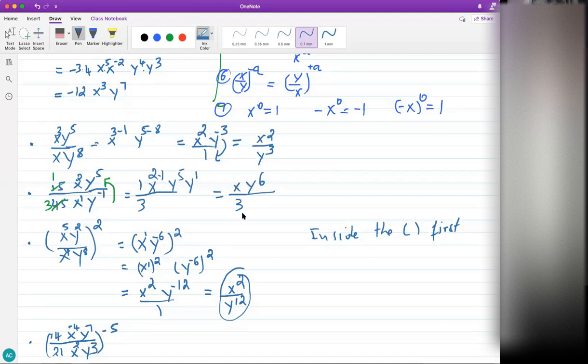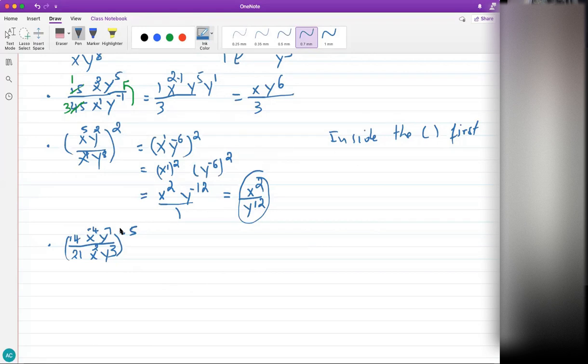Once we do that, we still have our power outside, the negative 5, this one. And we can easily deal with this power later. For now, ignore it. Don't worry about it. Just focus on this. So again, inside first.